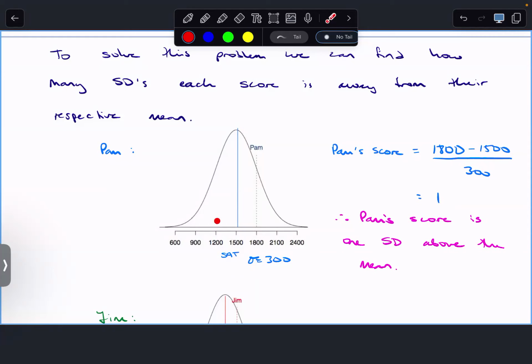And so in order to always have negative values below the mean and positive values above the mean, because then that tells us something as well, right? Then what we do is we take the score that we're interested in, and we subtract the mean, right? If that score is larger than the mean, I get a positive value. And if that score is below the mean and I subtract the mean, I get a negative value, right? So there's information in there as well.